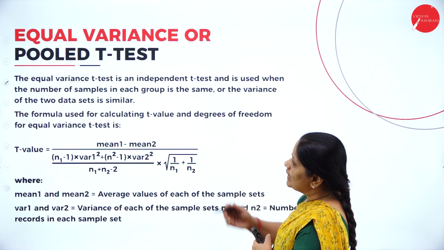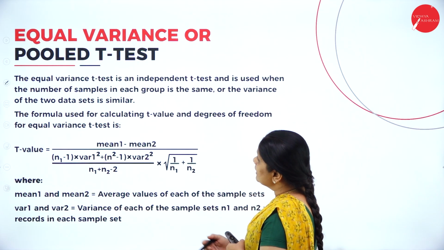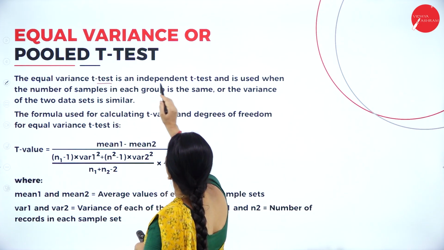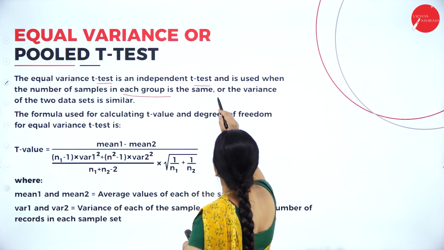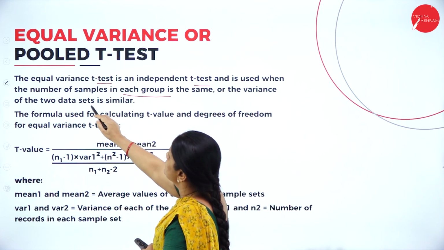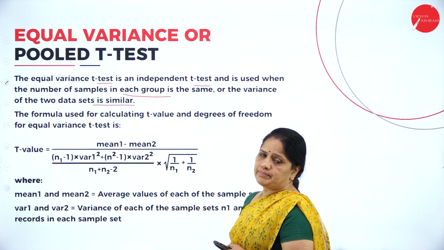Next, the equal variance t-test. The equal variance t-test is an independent t-test and it is used when the number of samples in each group is the same or the variance of the two data sets is similar.